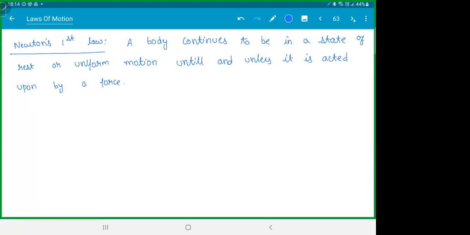Right? So what this simply says is a body will continue with constant velocity or it will be at rest until unless you apply a force.